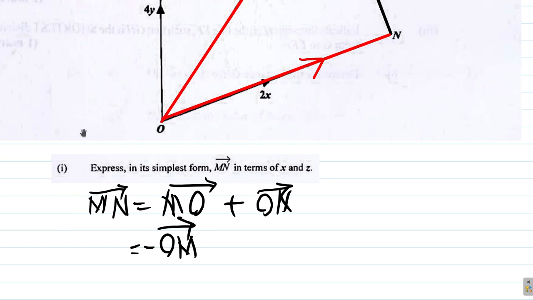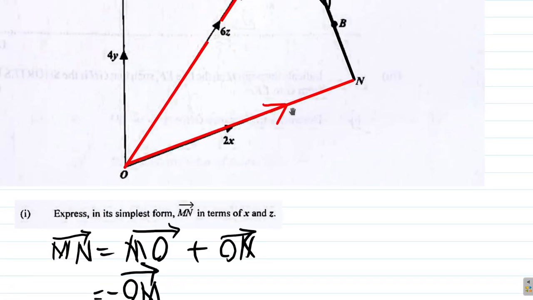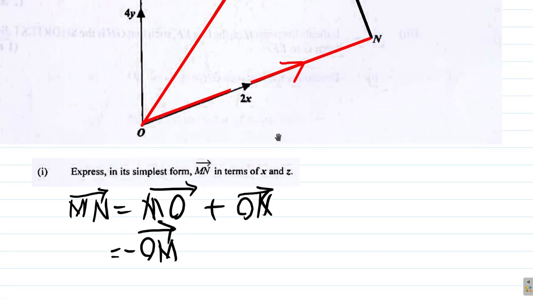Why I say that is because originally you have OM with this angle, the original arrow, which is 6z. So it's negative OM plus ON. ON is already following the original arrow that was given, so I don't bother to change it.